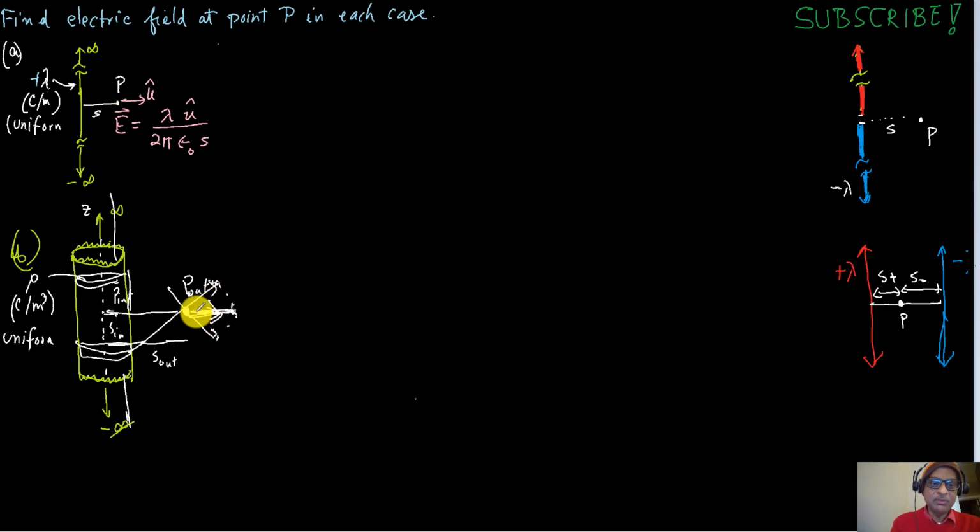The electric field will be pointed in this direction, away. So if it is radially out, let's say this is some x-axis, and this is the z-axis, then this will be pointed towards the x-axis, assuming this is positive charge. Otherwise it will point negative. If this is negative, this will point in the opposite direction, but we just assume it's positive for reference.